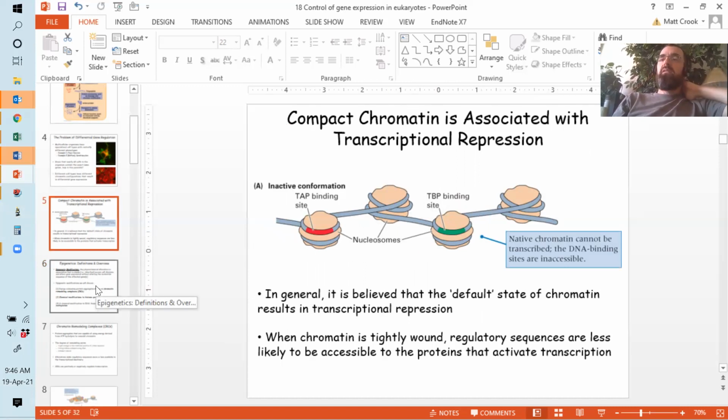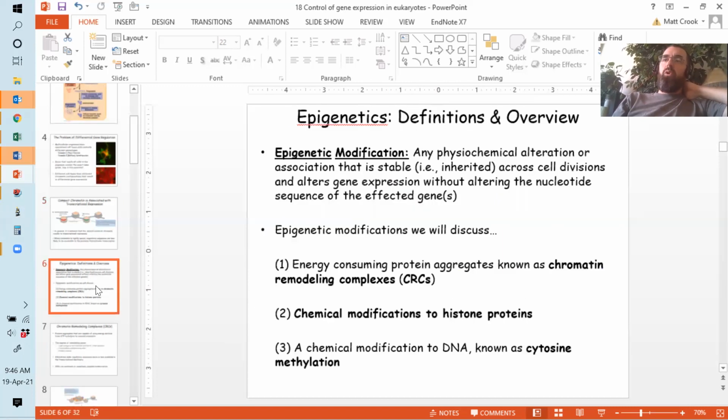There are tags or bits of information that are added to that DNA and protein, which alter its state, and these are called epigenetic modifications. So epigenetics is essentially modifications that change gene expression without changing the nucleotide sequence, right?